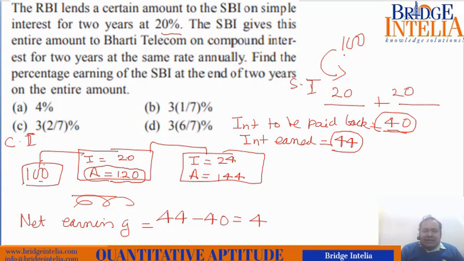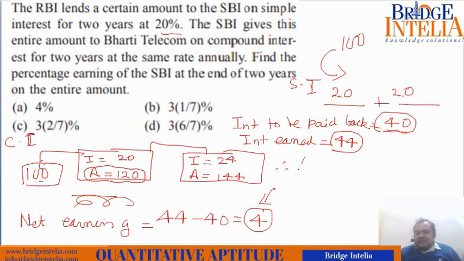So now we have to find the percentage earning. So now if somebody asks what is the percentage earning, so net earning is of rupees 4. So why did SBI earn this rupees 4? Because SBI had lent rupees 100. So on a business of rupees 100, because SBI has given 100 rupees to somebody, because of that SBI manages to earn rupees 4.